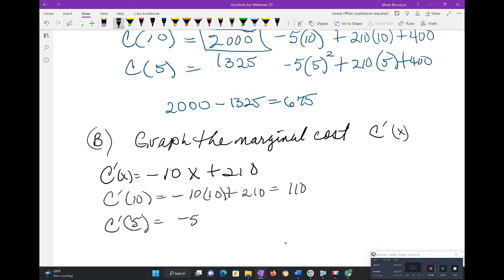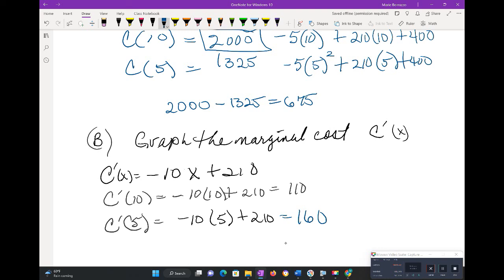and we would take that first derivative at 5, which is negative 10 times 5 plus 210. And then we end up in this case with 160.